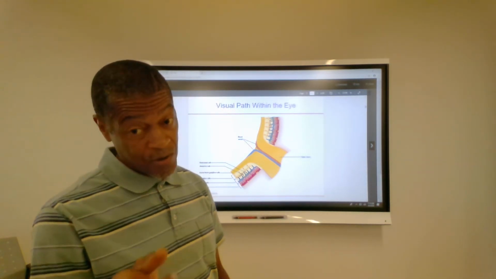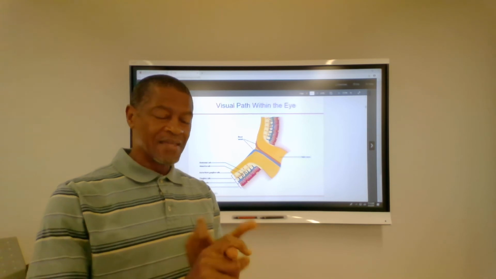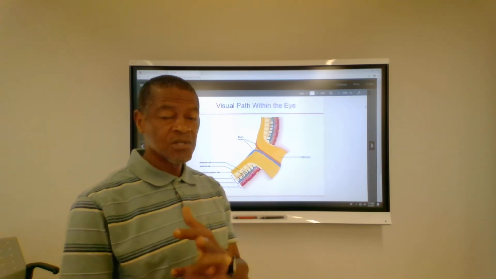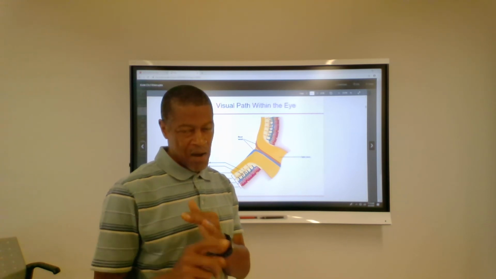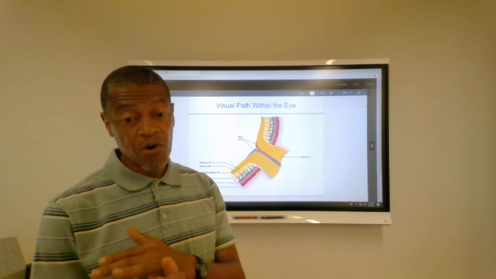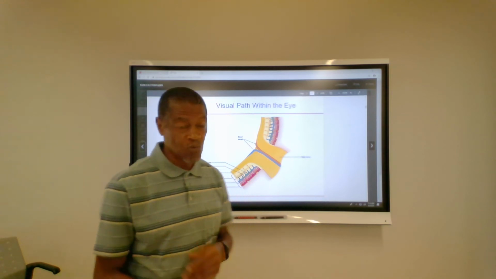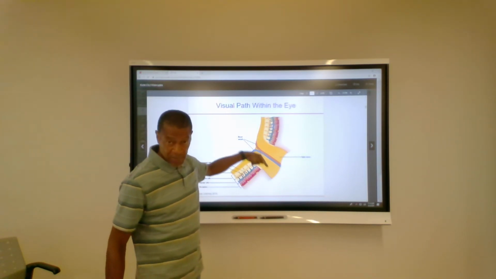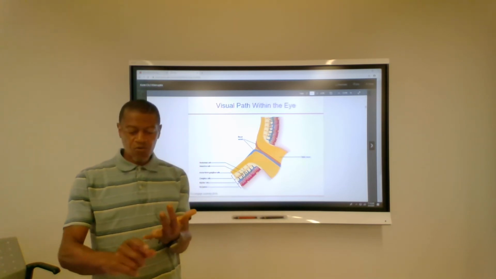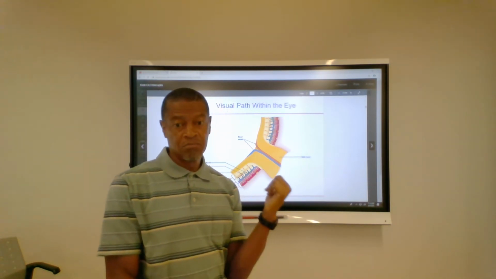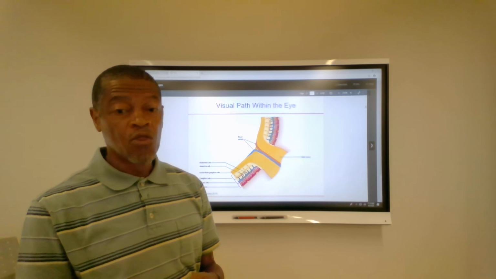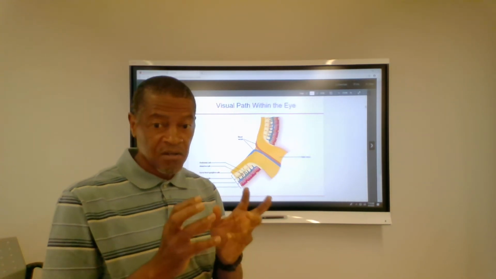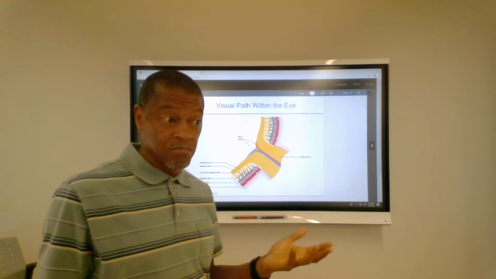So the cells that are in the retina will be the amacrine cells, bipolar cells, horizontal cells, ganglion cells. I would like you to memorize, or really recall the ganglion cells, because they're the last group. Ganglion, the last group that leads to making the optic nerve.